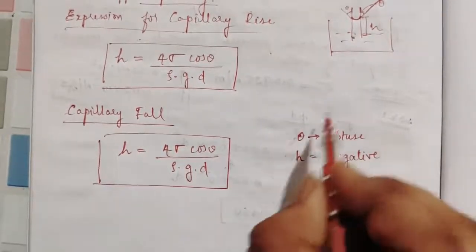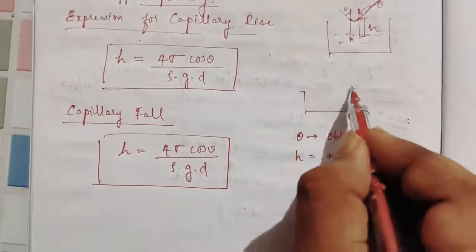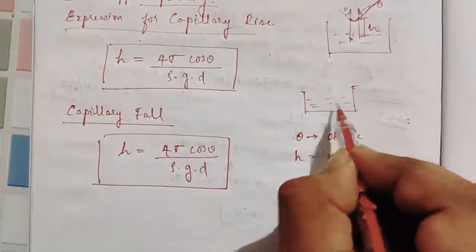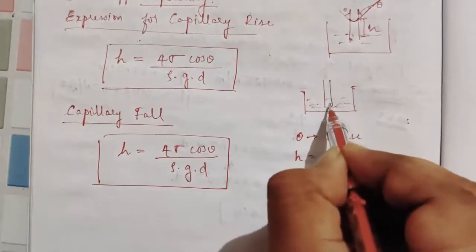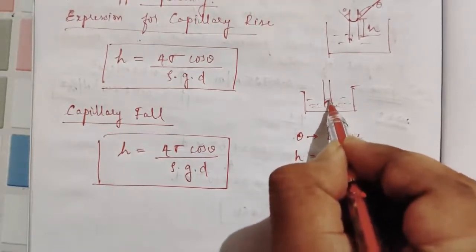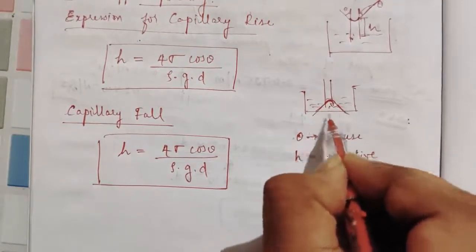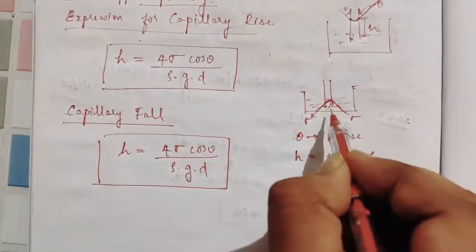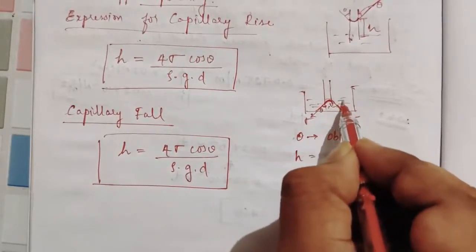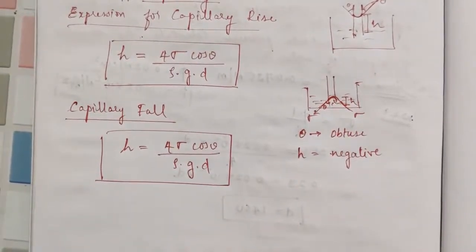How is that? Consider a vessel, and consider this as mercury. The tube is inserted and the meniscus will fall like this. So the surface tension is this. When we draw a tangent, this is the theta value, and this will be the height. H will be negative.